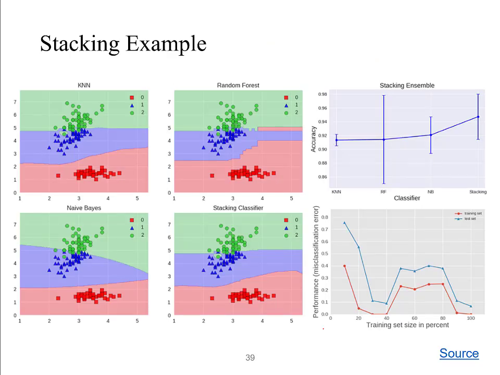Now let's look at an example. So for base models, you have KNN, random forest and naive Bayes, and each of them has a prediction on this data set. These are the labels, and these are their predictions. All right.